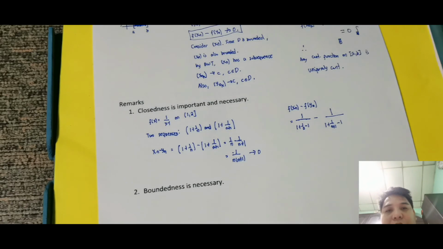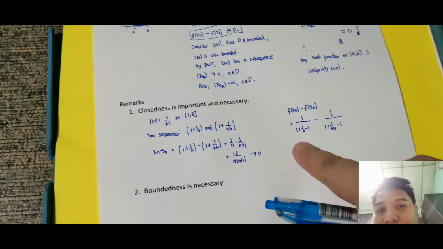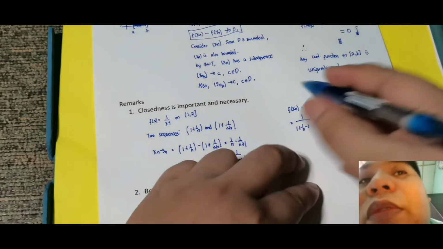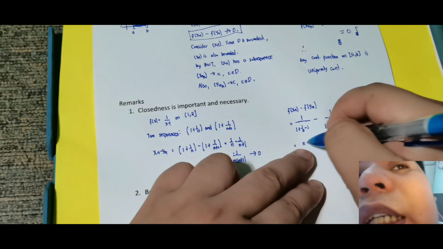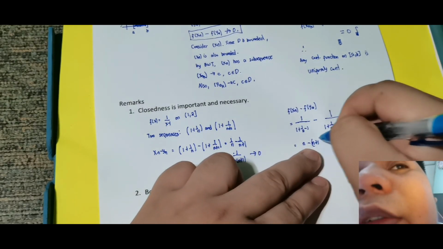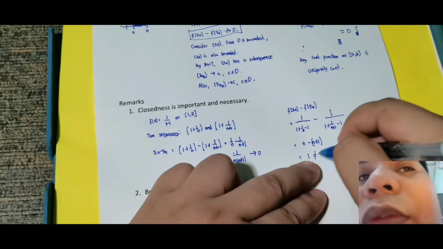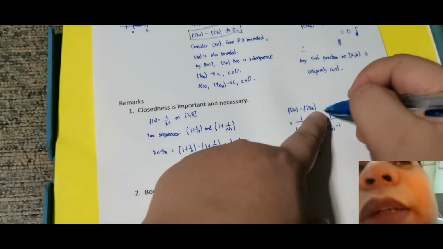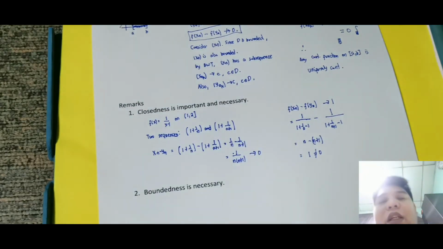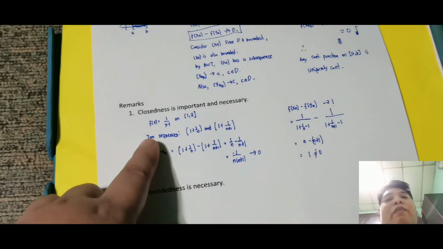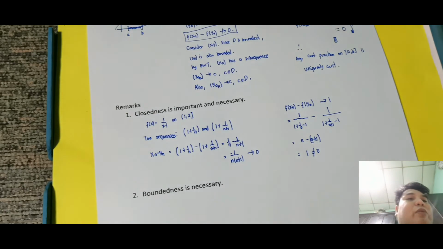Okay, so kung napapansin nyo, ano matitira dyan? 1 over n dito, 1 over n plus 1. In which, mas simplify siya, that is n minus n plus 1, nakagroup. In which this is equal lang sa 1, which is not equal to 0. So therefore, this is approaches to 1. So meaning, yung f of x natin is not uniformly continuous.